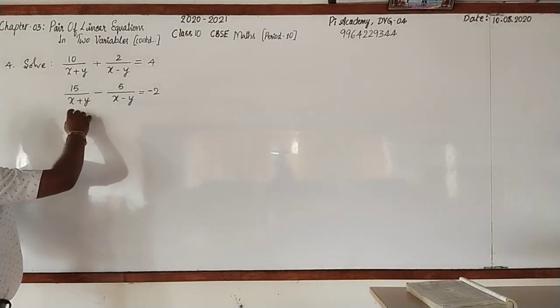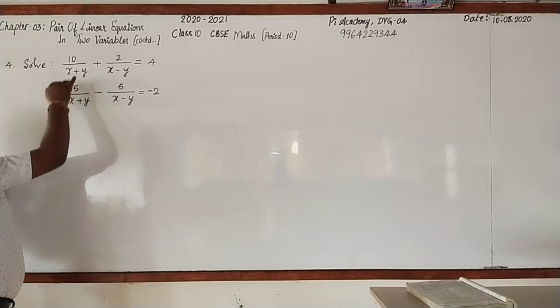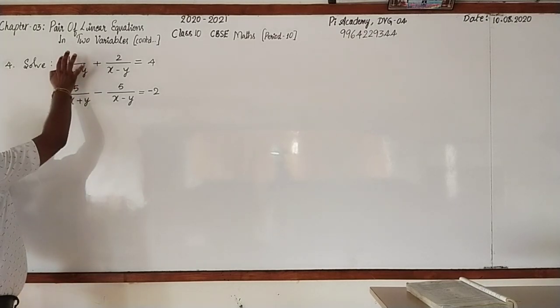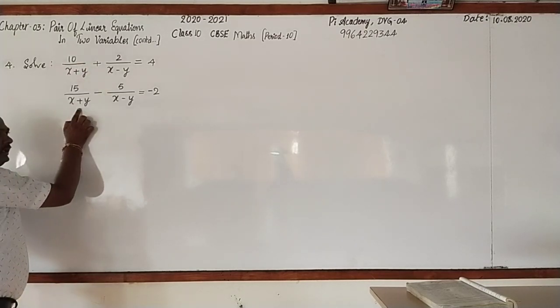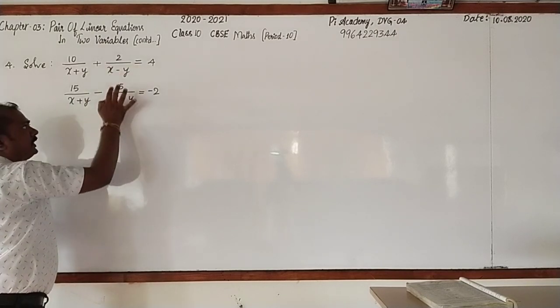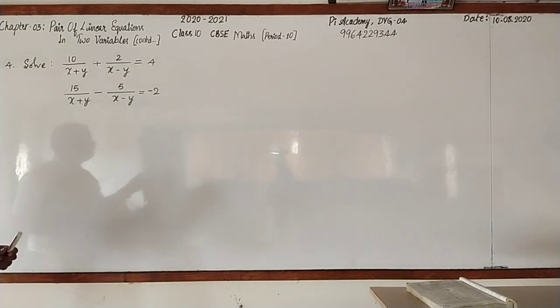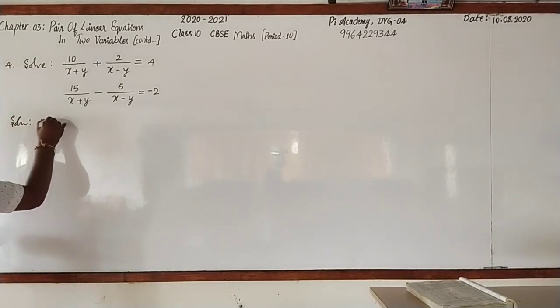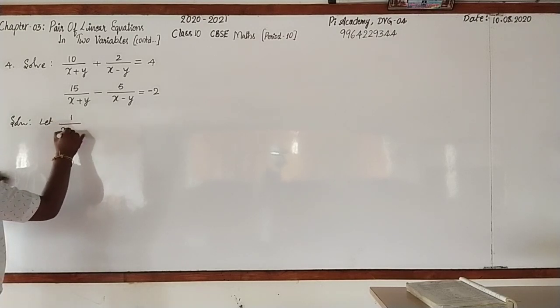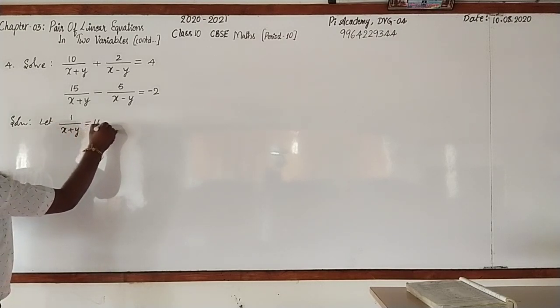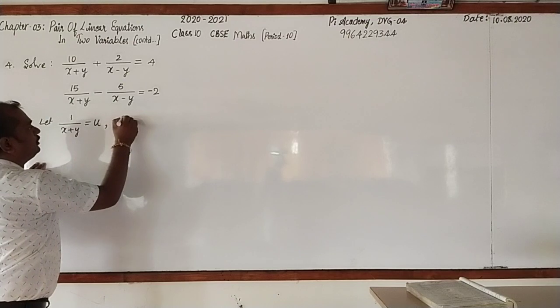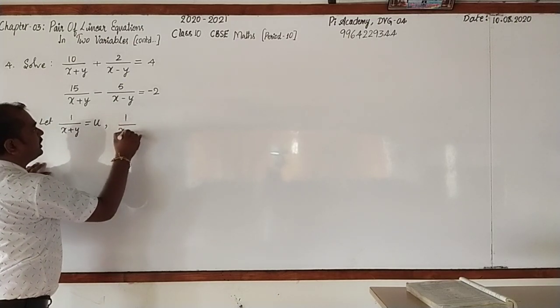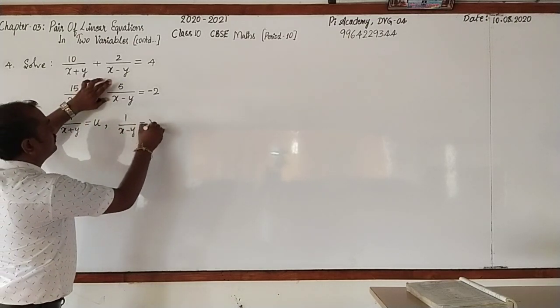Here, could you tell what is the common in both the equations? Yes, it is 1 by x plus y as well as 1 by x minus y, right? Let's go for taking substitution for these. Here I'll write, let us take 1 by x plus y as u and 1 by x minus y as v.